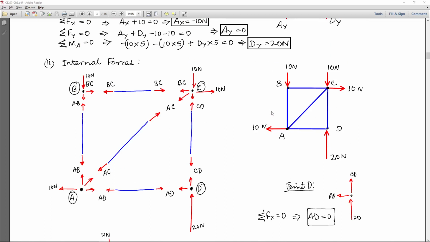In the assumptions, negative is taken as compression while positive is taken as tension, which you could see in the sense that in compression members are shortening, so it's minus.